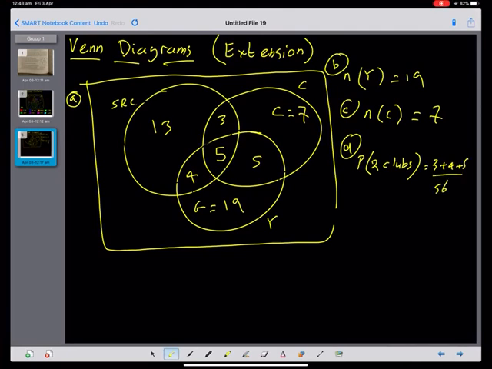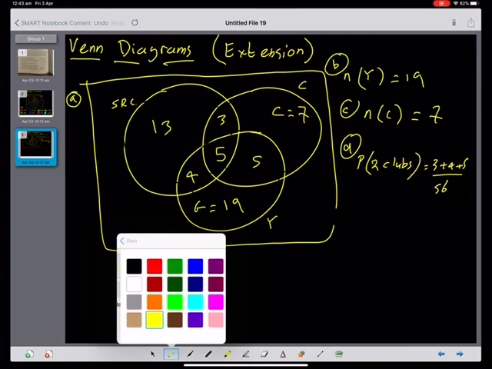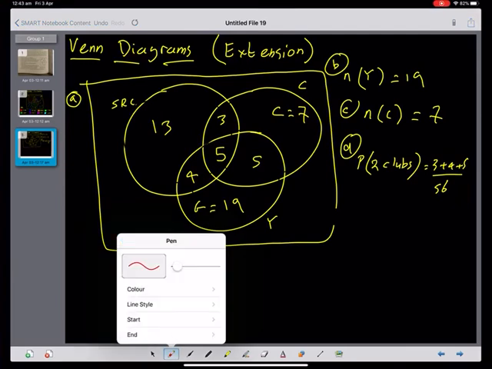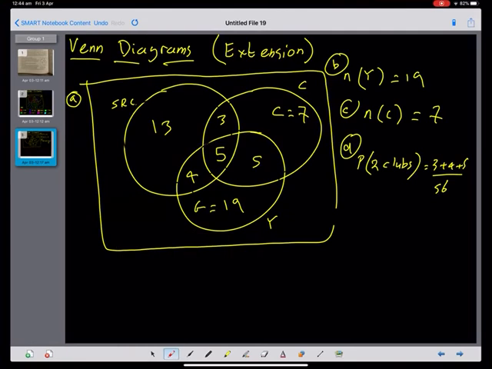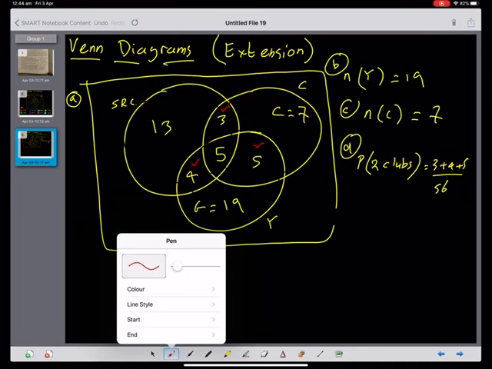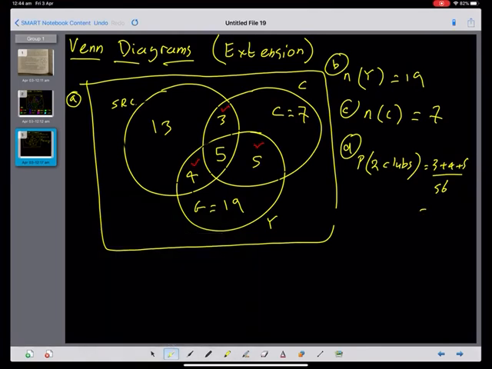Okay, 2 clubs are going to be here in red. This is 2 clubs: SRC and yoga. This is 2 clubs: yoga and chess. And this is 2 clubs. Okay, so these simplify to give 3 over 14.